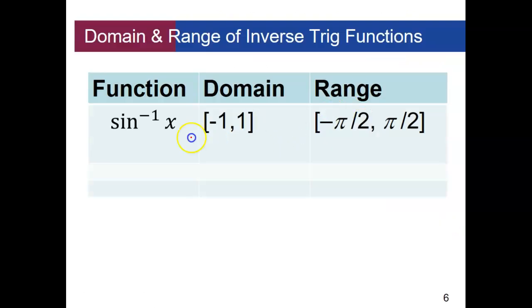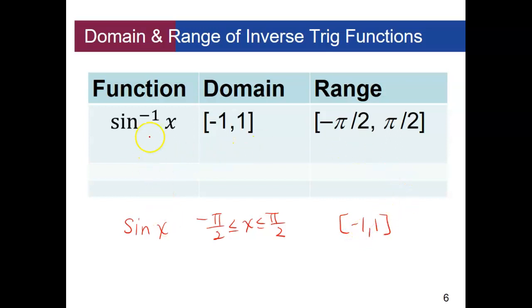Okay, so on the inverse sine function, what we've done is restrict the basic sine function so that the domain for the sine function was negative pi over 2 to positive pi over 2. The range we know for the sine function goes from -1 to 1.